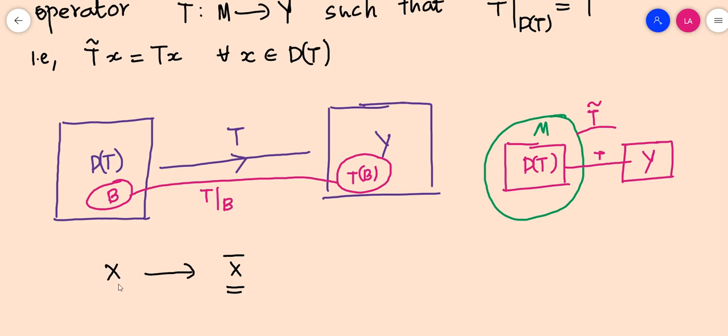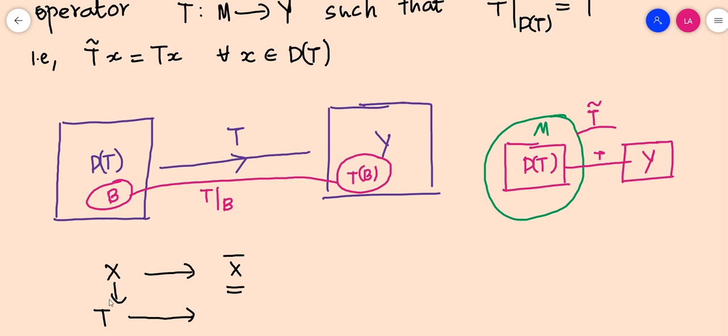Now, if you are defining an operator T which is maybe continuous on X, which may be bounded on X, the natural question is, you are only adding some other elements onto X to define X bar. Now, can you extend this function which was defined on X to its bigger set X bar without compromising the properties?